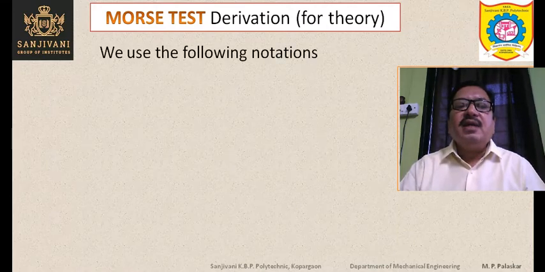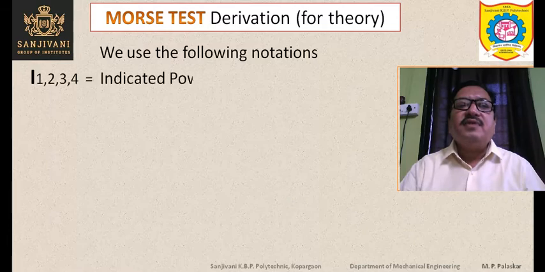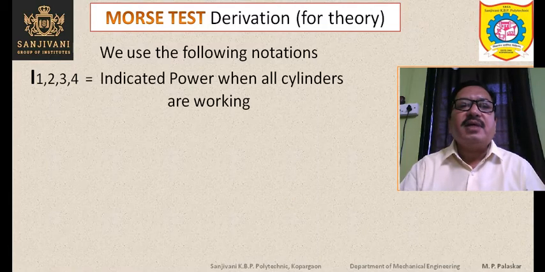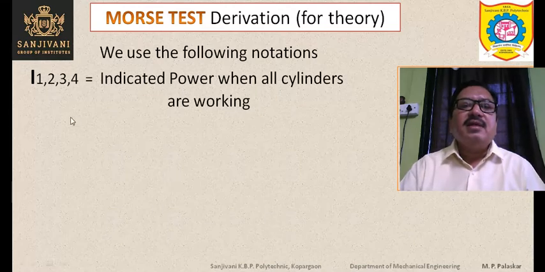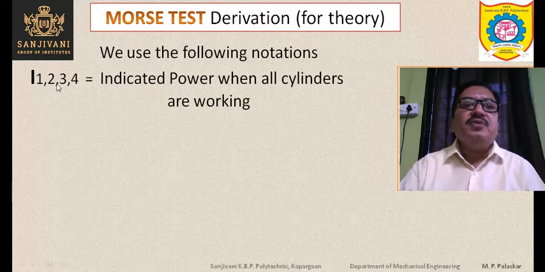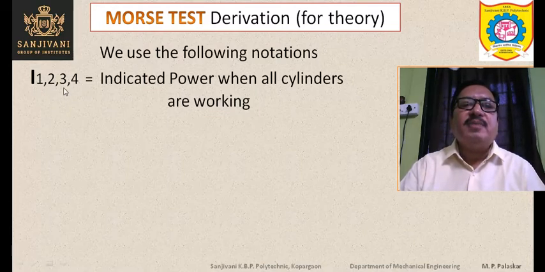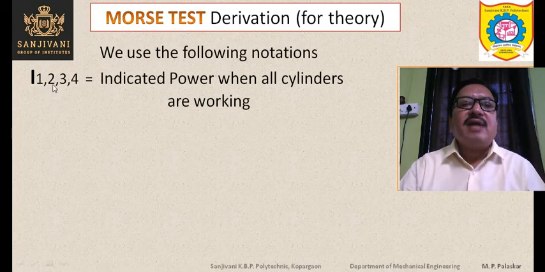First of all, let us study the notations. We are going to use the following notations for indicated power when all cylinders are in working condition. We are using the notation I1,2,3,4, so 4 cylinders are contributing. All the 4 cylinders are contributing in the indicated power, so that indicated power is denoted as I1,2,3,4.